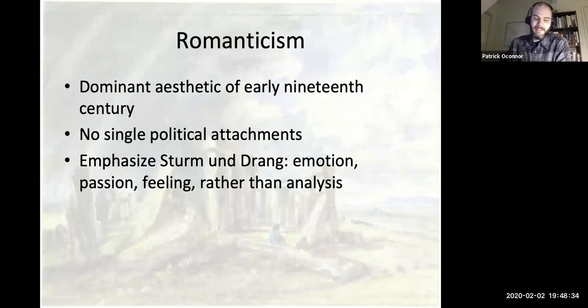Okay, it's the dominant aesthetic approach of the arts in the early 19th century. Romantic music, romantic prose, drama, poetry, painting. Each of these things is posing a new perception, a new vision of the human experience, of human culture.